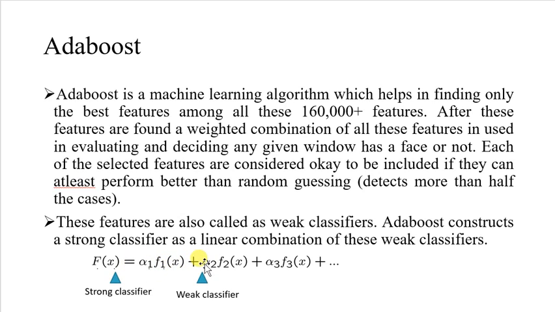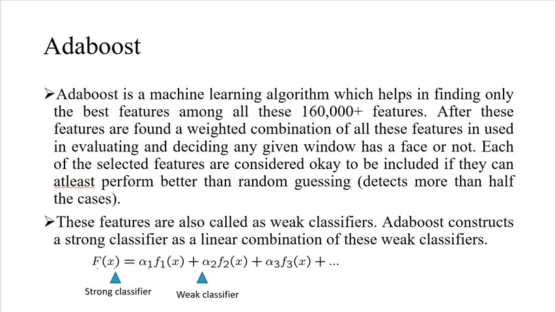Now I am going to introduce a new term here, which is a weak classifier. When I say weak classifier, I mean a good feature or a relevant feature. A weak classifier is something which at least performs better than random guessing. What I mean is that if I give it 100 faces, it will be able to detect more than 50 of them and say that these are faces.